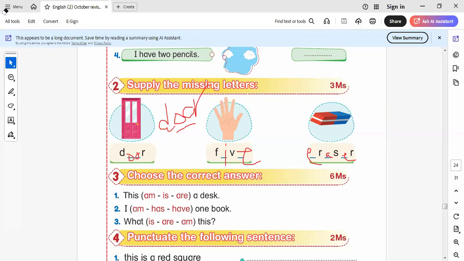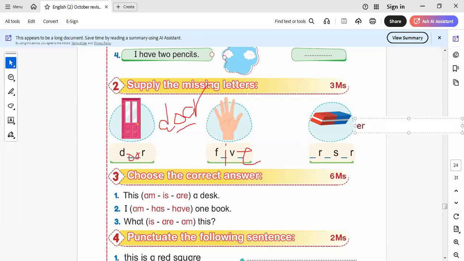Here we have eraser. Here we have 5. I would like to write it in text, it's clearer than writing it with the pen. So I write it here. Here is called eraser. I write it here for you. Eraser.